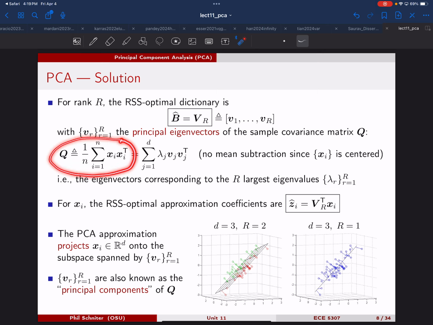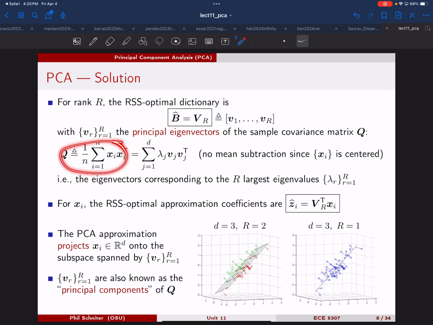So you take this matrix and you do an eigenvalue decomposition. One way of writing that decomposition is this. We'll get into the details later. But the VJs are the eigenvectors, and the lambda J's are the eigenvalues. And generally speaking, if this is a D by D matrix, because our features are D-dimensional, you need a total of D of these components to get the exact fit.